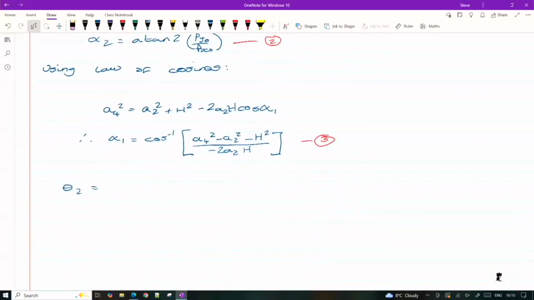Then what we can do, so we need an expression for alpha 3. So alpha 3 is an internal angle within the non-right angle triangle.